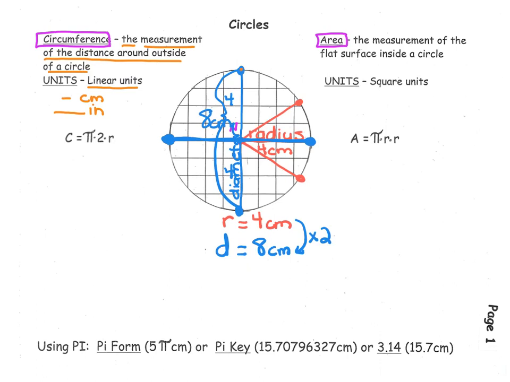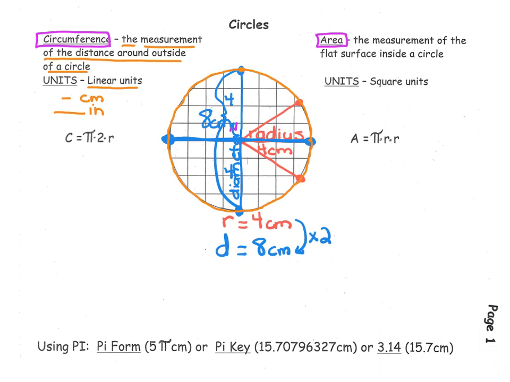If we take our pencil and put it at 12 o'clock, and we trace the outside of the circle, that represents the length or the circumference around the circle.